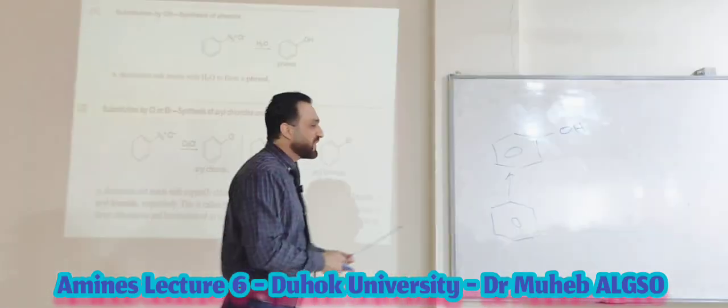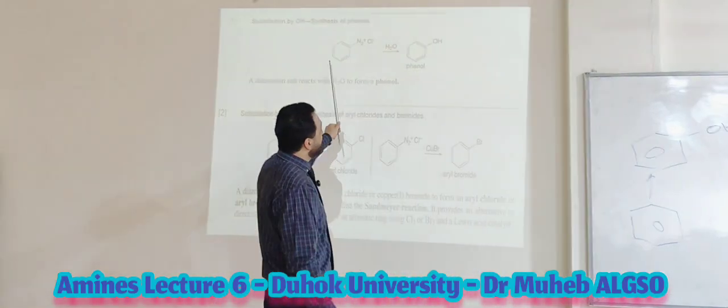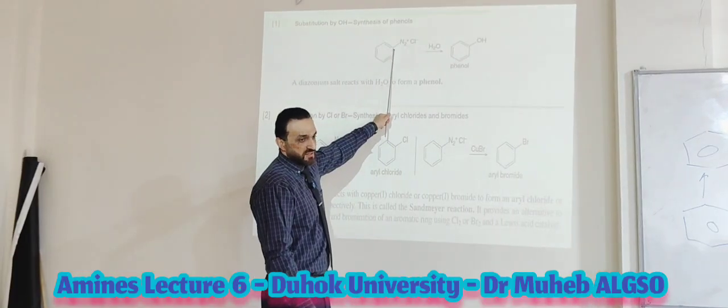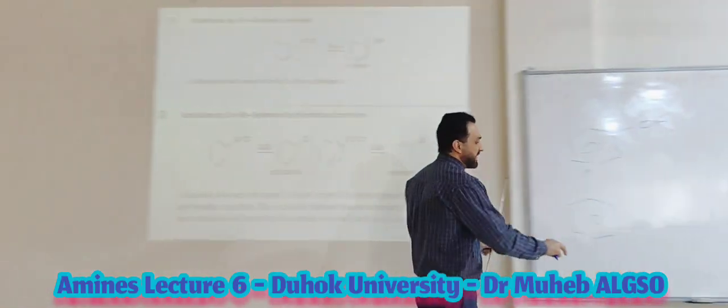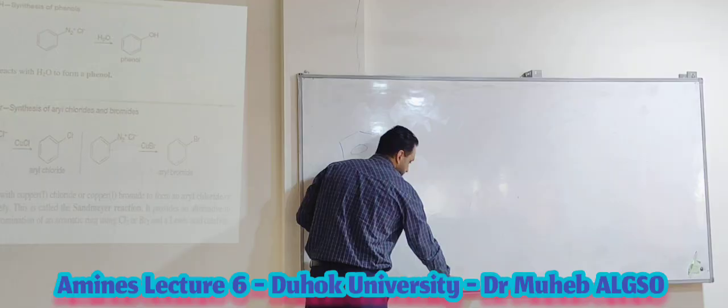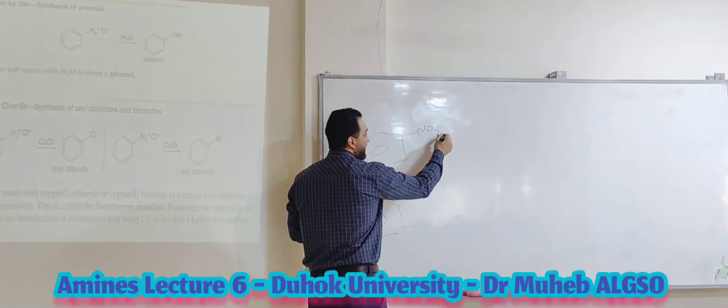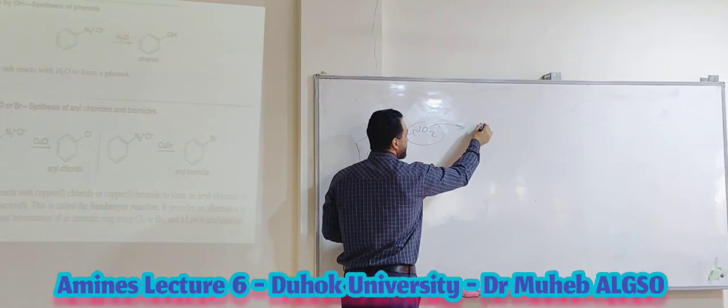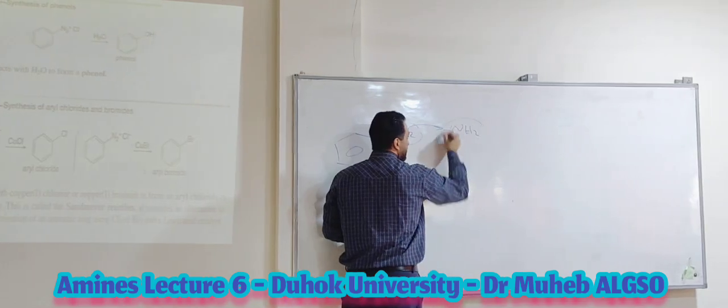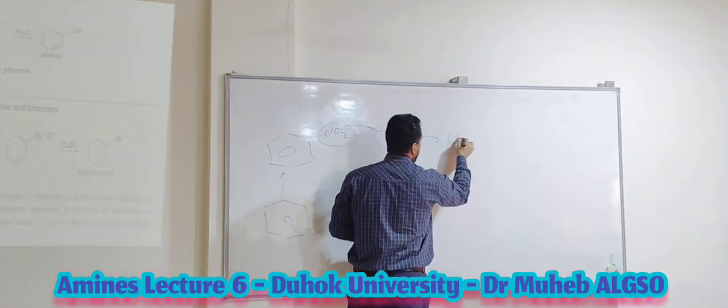So what we have to do is go by using diazonium salt. We make nitration, the nitro group is converted to NH2, and the NH2 is converted to N2Cl.